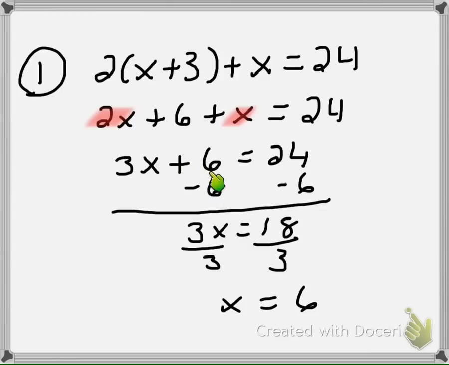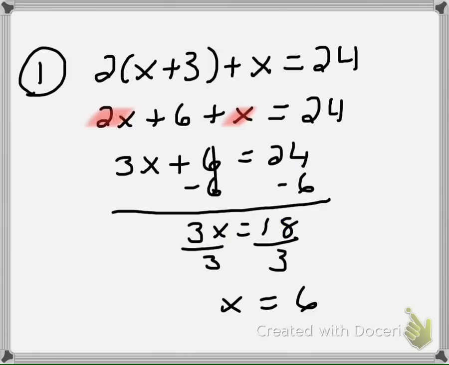And if I do that on the left side of the equal sign, then I have to come over to the right side of the equal sign, where the 24 is, and repeat that process, subtracting 6 on both sides. Well, 6 take away 6 is 0, and I like to cross it out. And that only leaves me with 3x on the left side of the equal sign. And over here, 24 take away 6 is 18.